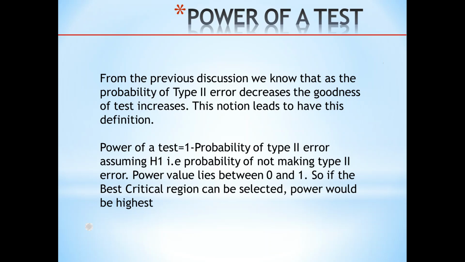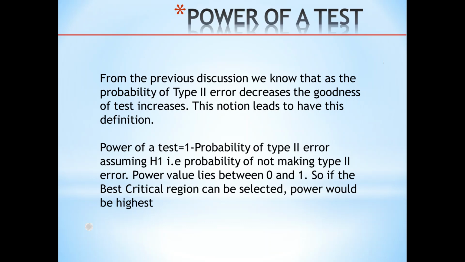So let's start with what the power of a test is. Simply put, power is the probability of not making a type 2 error. Let's go on with more on power. Power is the probability of rejecting the null hypothesis when in fact it is false.